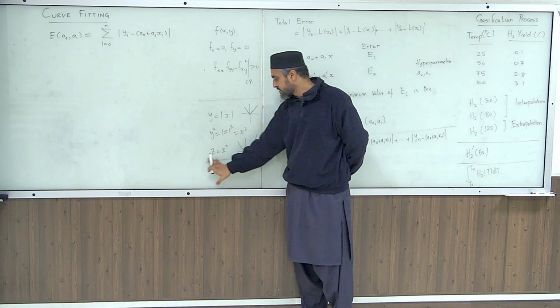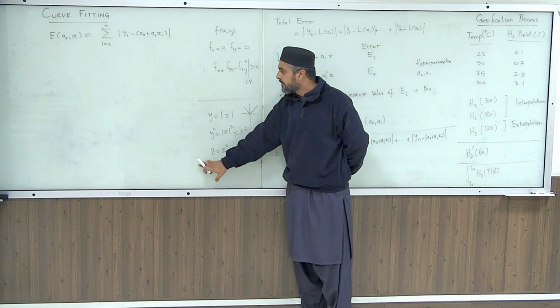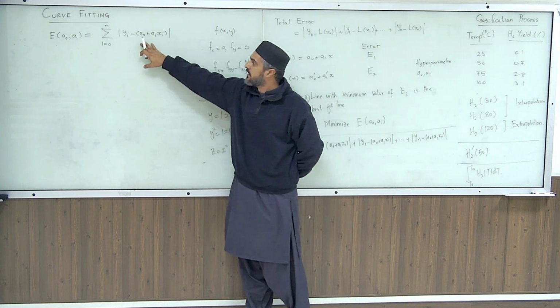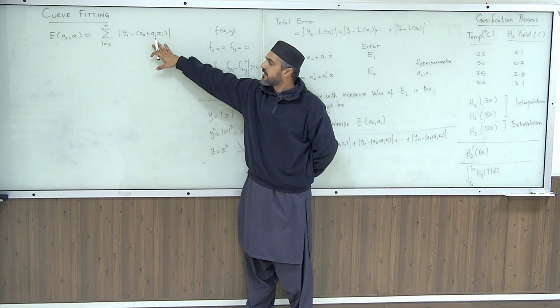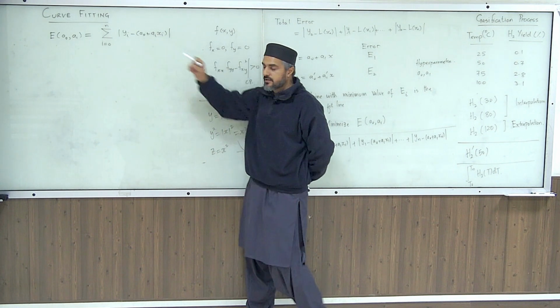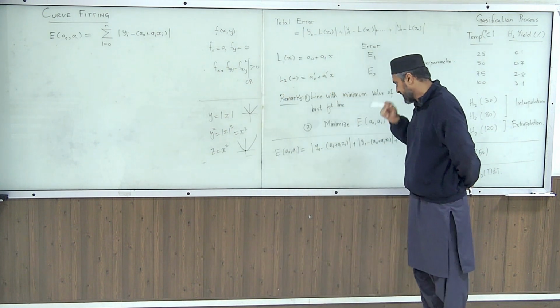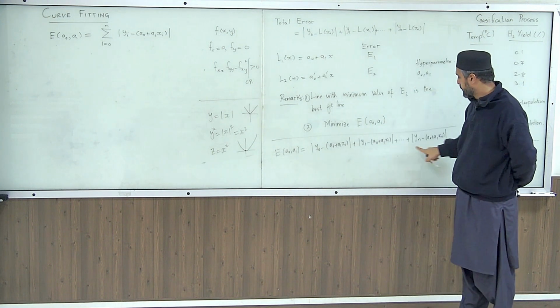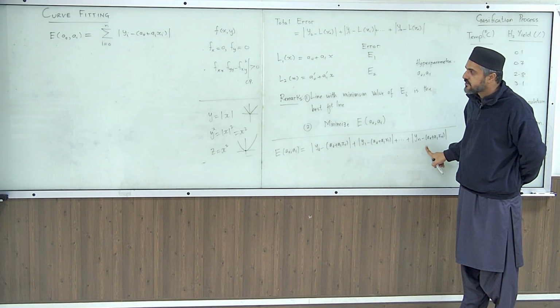With this observation, you see this error function has corners at many points. Whenever this term is going to be 0 in absolute value, we get corners.